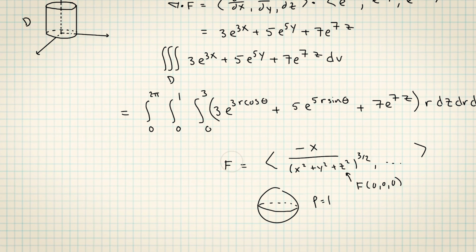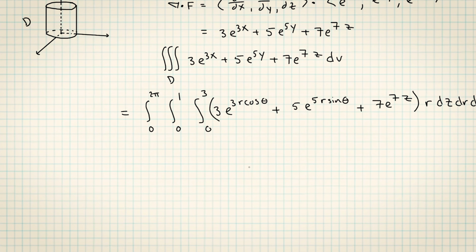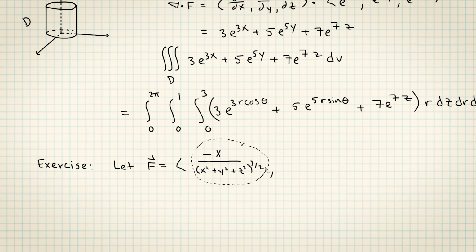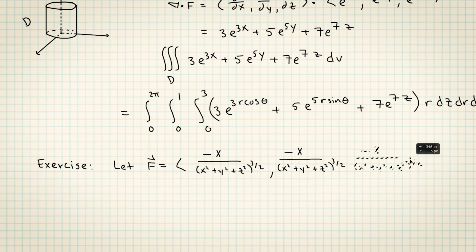Okay, I want to leave you with an interesting thought experiment and math exercise here. Think about this vector valued function, which we've seen already represents the force due to gravity in 3 dimensions. And we're going to assume that we're at some place that's far away from the origin, so that this function is defined and does have continuous partial derivatives everywhere.